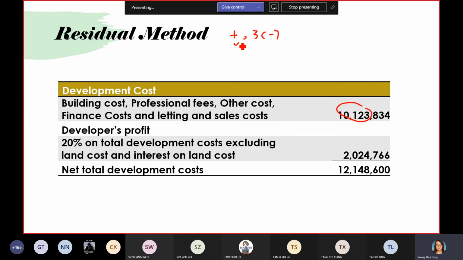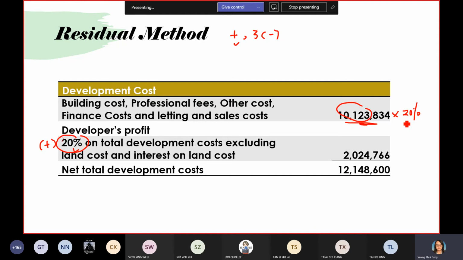The first plus is you plus your profit, the predetermined profit. As I mentioned just now, for your residual method, you need to have one predetermined level of return. So for example, for this example, I assume I want to get 20% of the profit. Which means that for this cost, I want to get 20%. So you times 20%. If you want to use 30%, then here you put 30%.